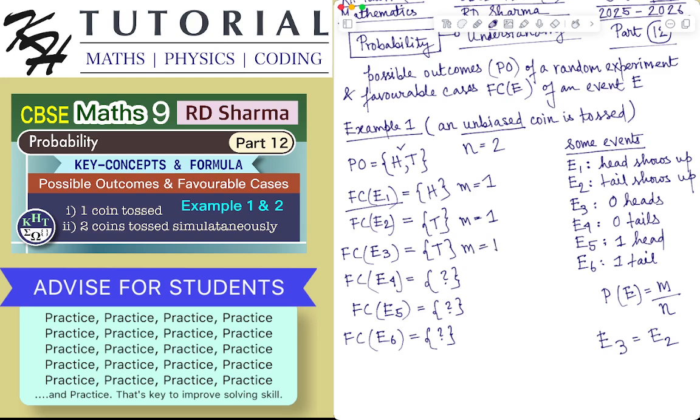Let's see event E4, 0 tails. 0 tails means a head shows up. So I can say E4 is actually identical to the event E1. So the favorable cases for the event E4 will be H. So here also m is equal to 1. Okay, let's see event E5. It says one head. One head also means head shows up. So event E5 is identical to event E1.